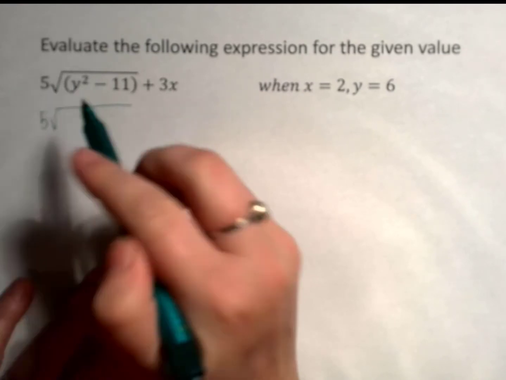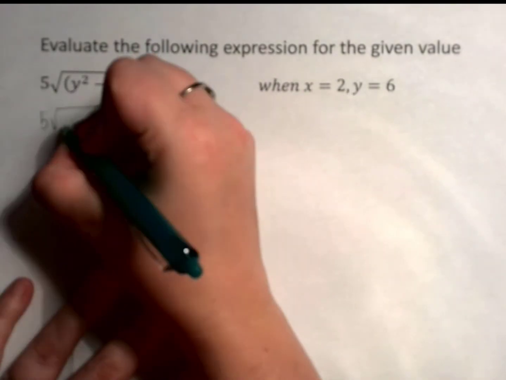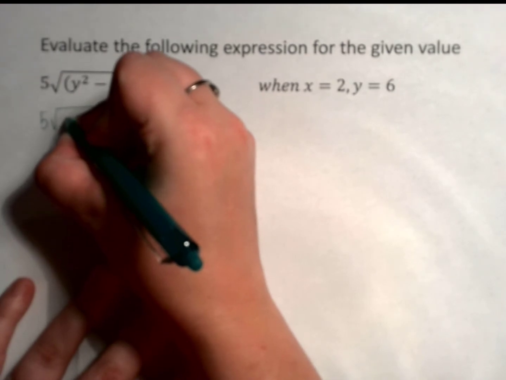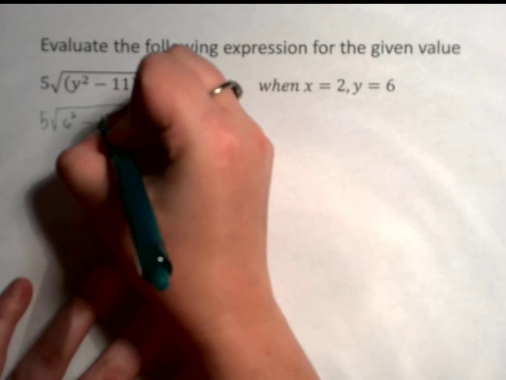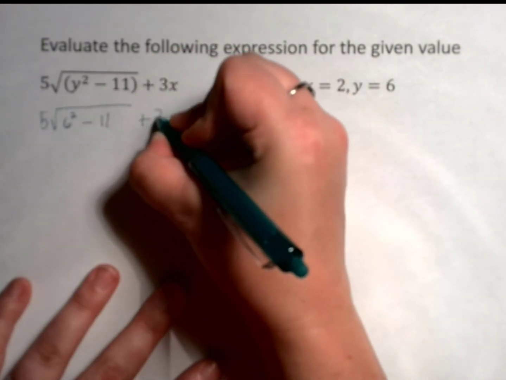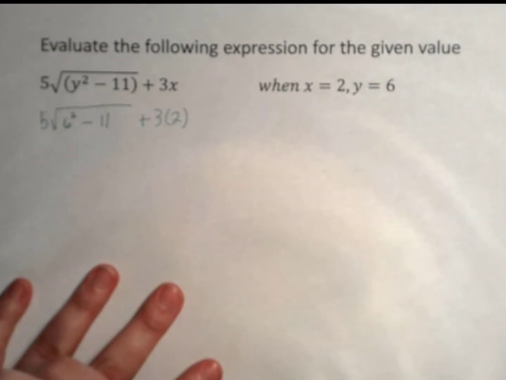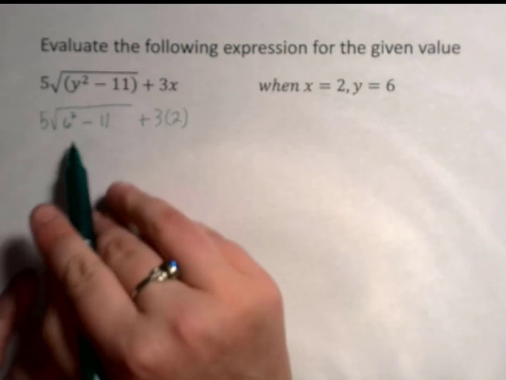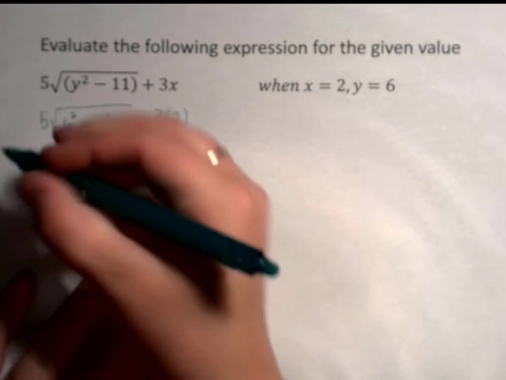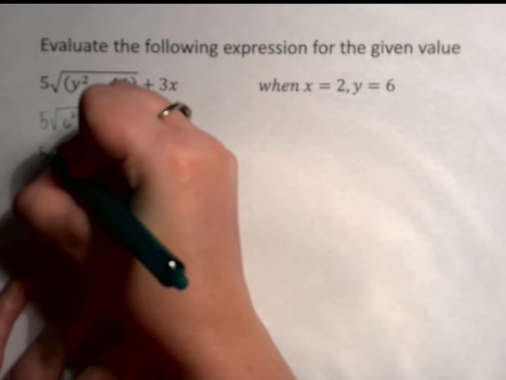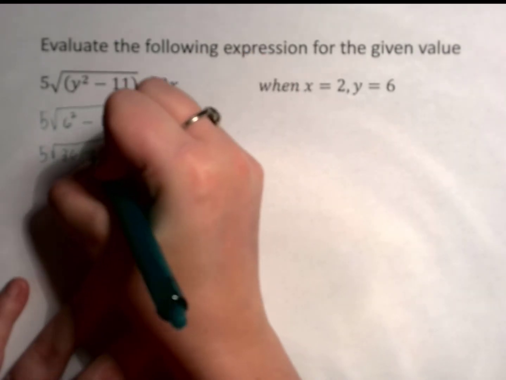Okay, my y is 6. Okay, I'm going to work under the radical sign first. 6 squared is 36 minus 11.